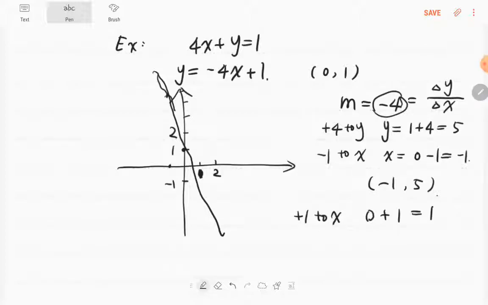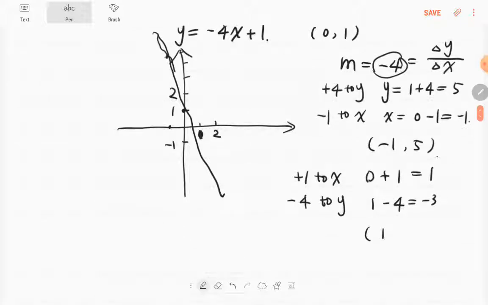Then y should decrease 4 units, so y from 1 minus 4 will get negative 3. So we could also use this point, 1, negative 3, as the second point. Then plot that point and connect the 2 points to find the line.